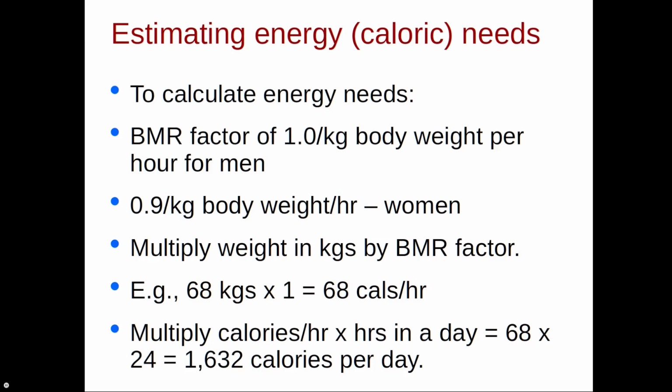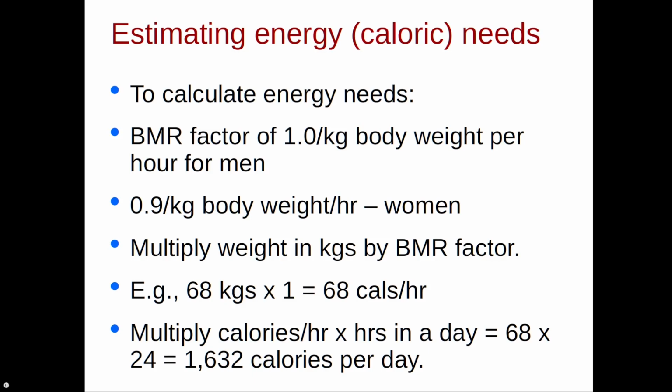And usually we can calculate the amount of this energy with a formula, like in this slide, about 1 kilocalorie per kilogram of body weight per hour. And you can multiply these parameters and receive basal metabolic rate.